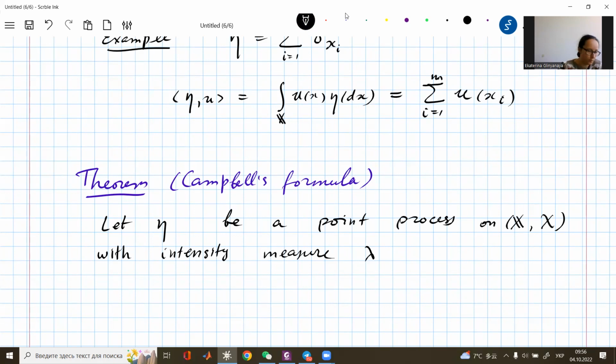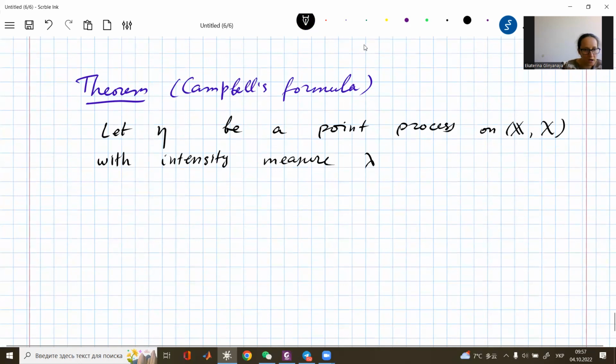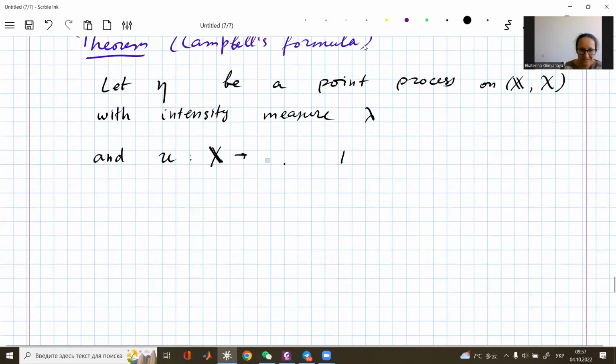So we know some information about it. And let u be a function from the set X into R.